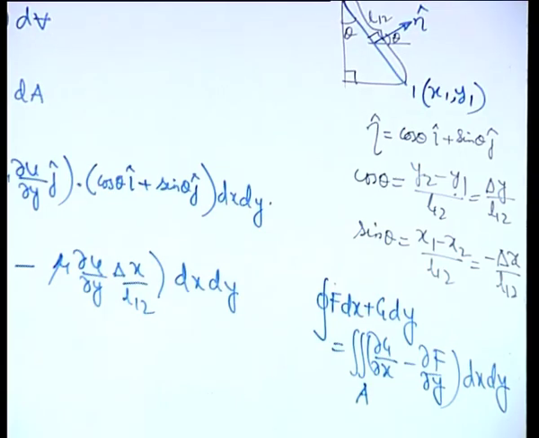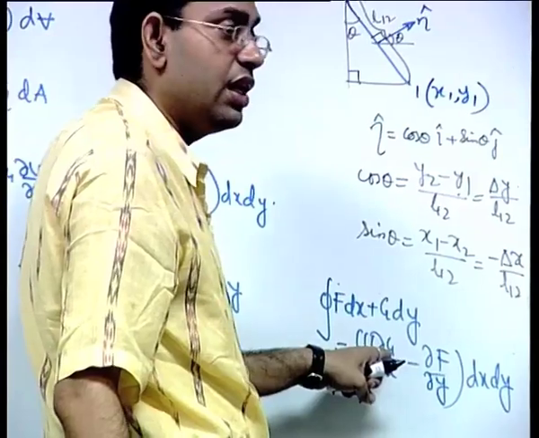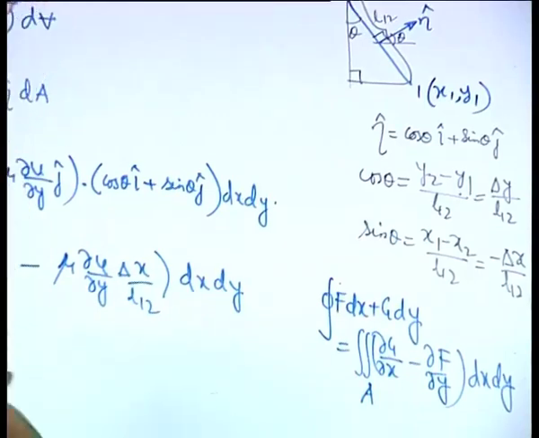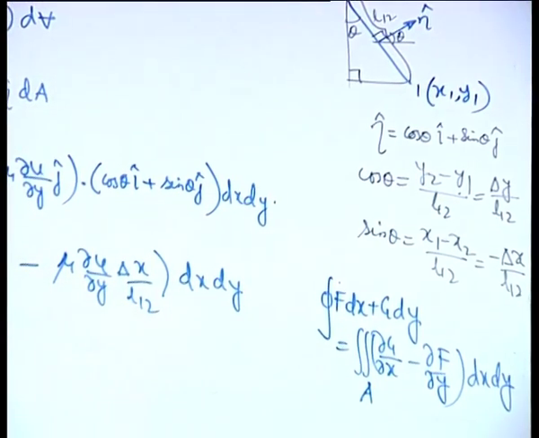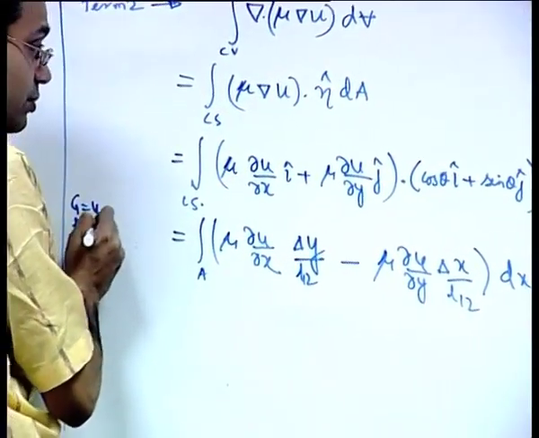So, if you consider this G here as u and F equal to 0 as one of the examples. So, G equal to u, F equal to 0.